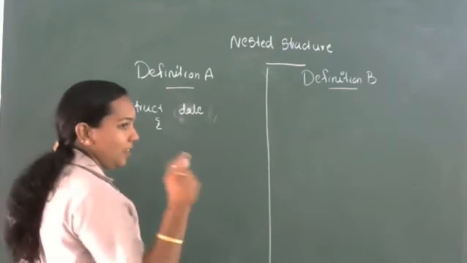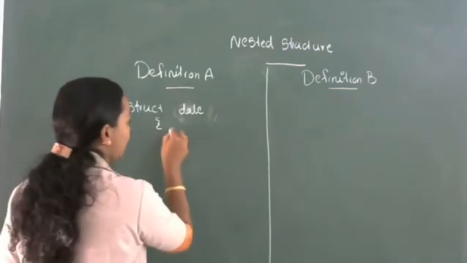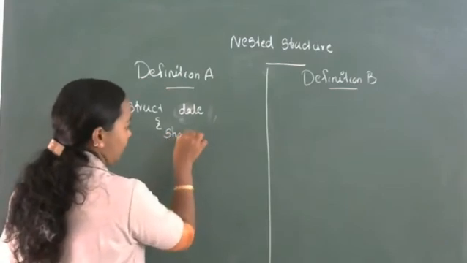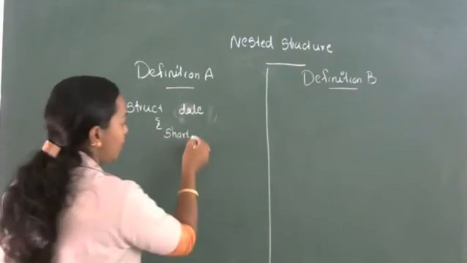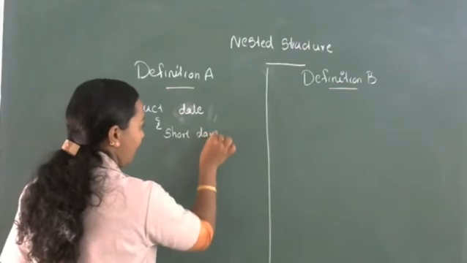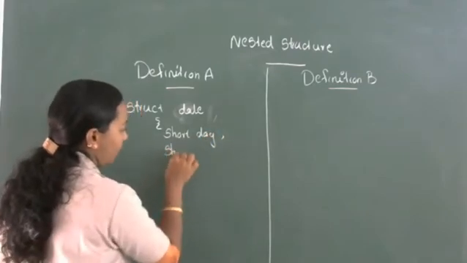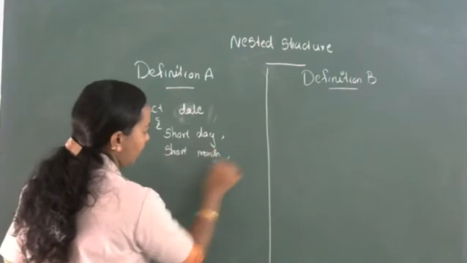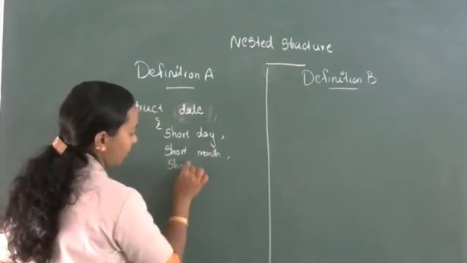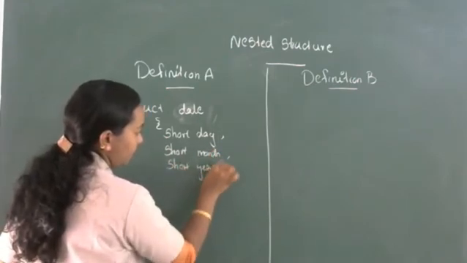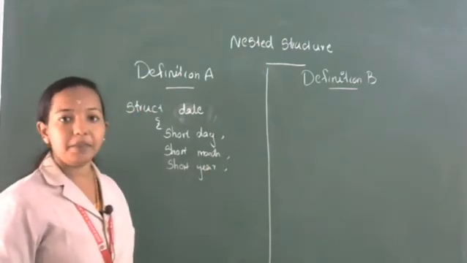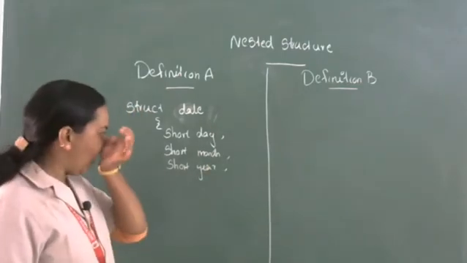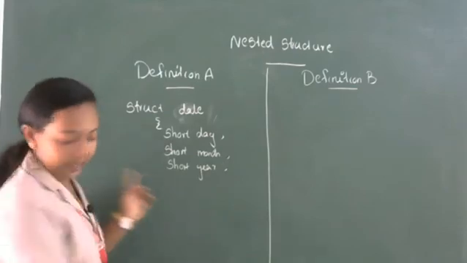These are small numbers, so I am using short here instead of int: short day, short month, then short year. Three variables I am declaring.